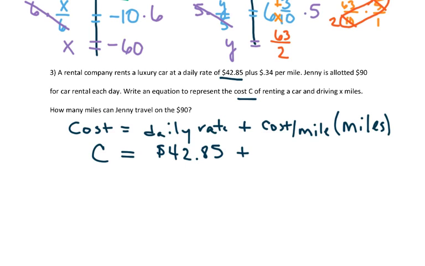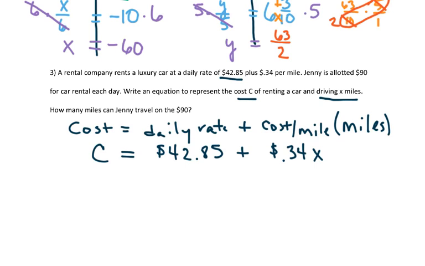So we have to pay 34 cents for every mile. And we don't know how many miles we drive. So we just put an X there because we don't know how many miles that is. So this is the equation that represents the cost C.